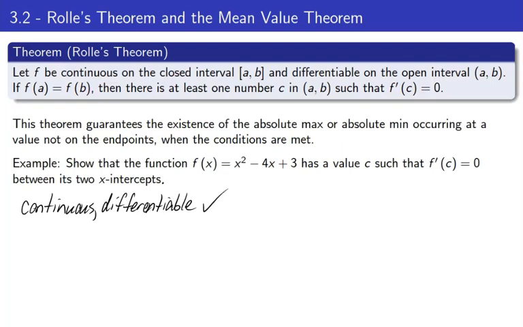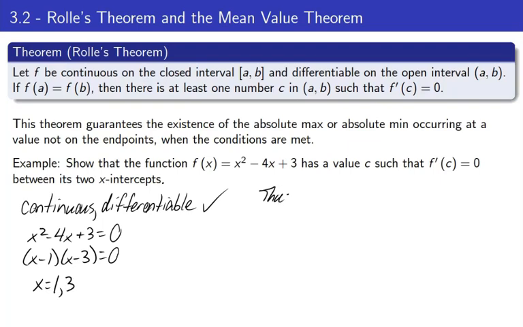Well, the next thing that we need is that f of a equals f of b. That will certainly be the case at the two x-intercepts, but just to check this, let's make sure that there are two x-intercepts by setting this equal to 0. Notice this is x minus 1 times x minus 3. So if I set each one equal to 0, I get 1 and 3.